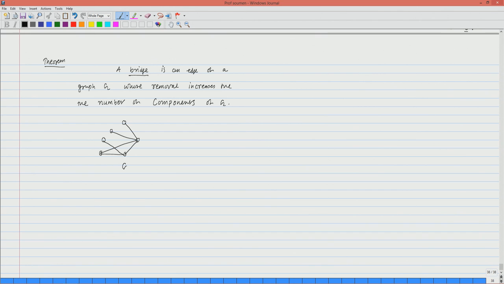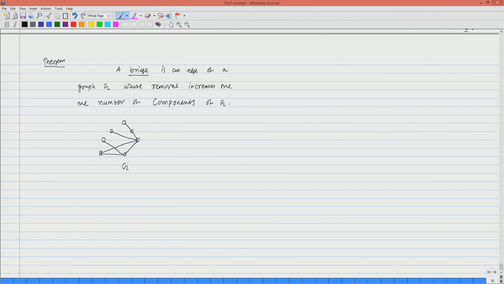Now, in this graph you can see that this edge is a bridge, because if you remove this edge it will increase the number of components.